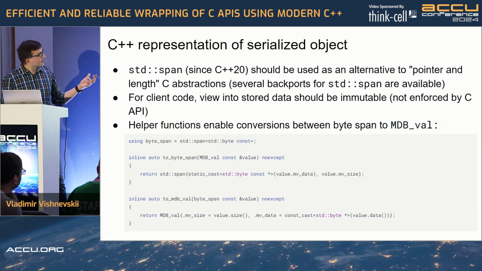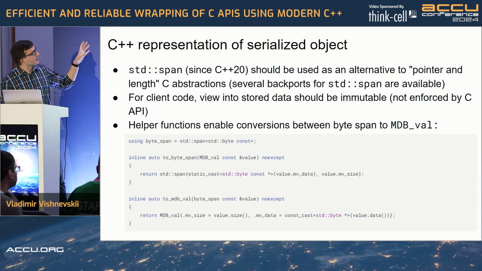In our case, for the client, the way we can represent some byte representation of some data can be done using std::span. The span of bytes is a low-level representation of the data that can then be forwarded to the wrapper that will translate it into the MDB_val.